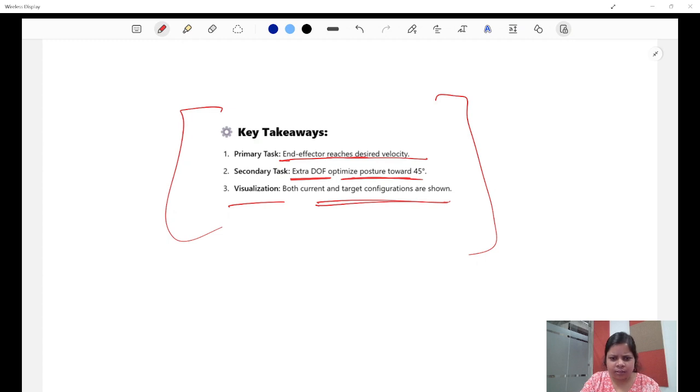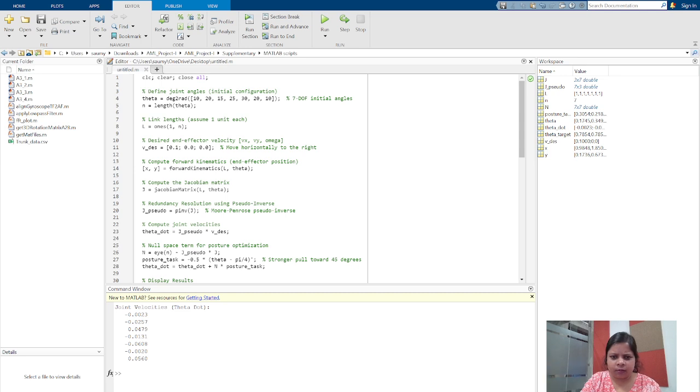I'll change my screen to MATLAB. Okay. Rather, Meet screen, I'll change it to Meet screen. Okay.